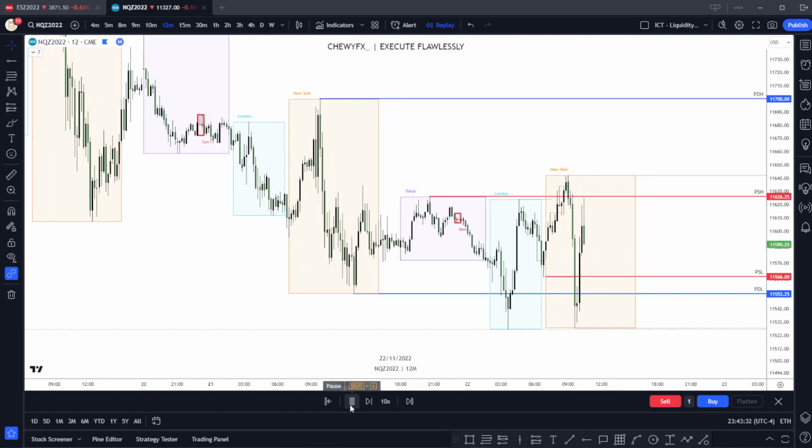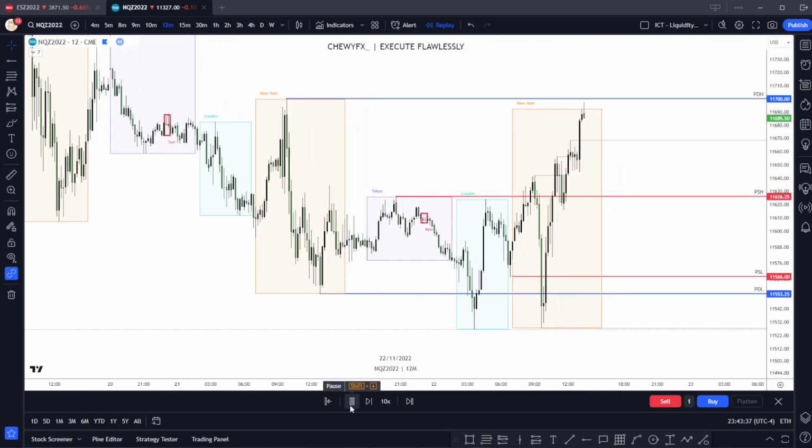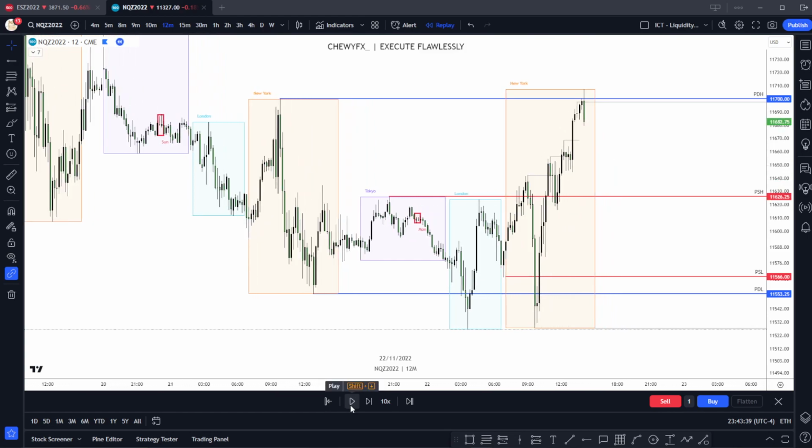So we swept the previous day low, and then we continued up to the previous day high again. Yeah, this was a very volatile day. Let's see if it occurred during the news time. Actually, yeah, it really did. We had a fake out on New York Open, and then we had another fake out during news.